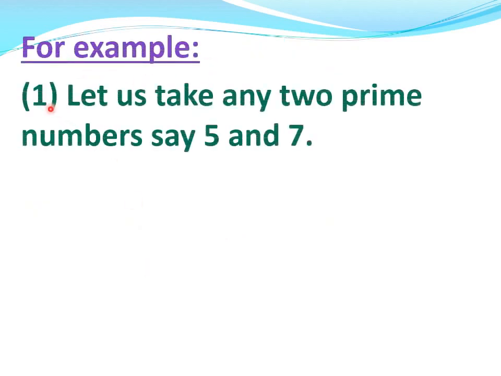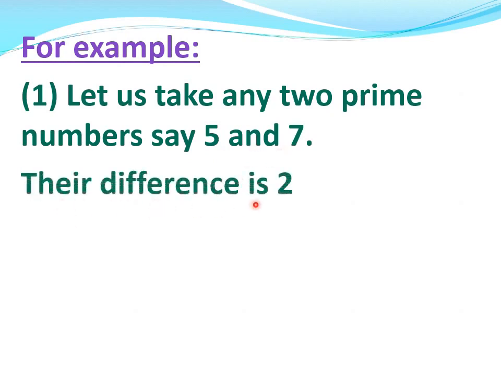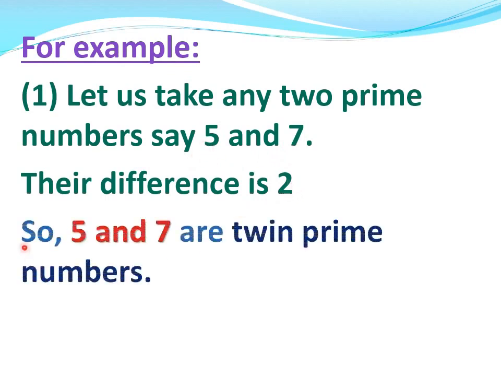For example, number 1. Let us take any two prime numbers, say 5 and 7. Their difference is 2. 7 minus 5 equal 2. So 5 and 7 are twin prime numbers.